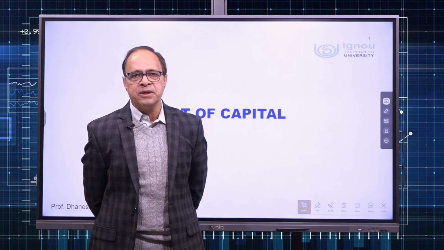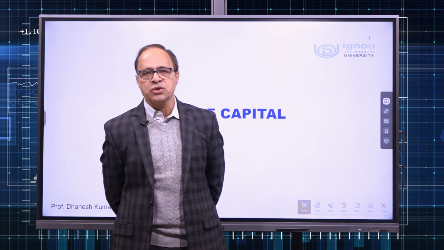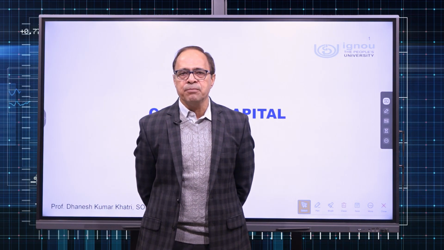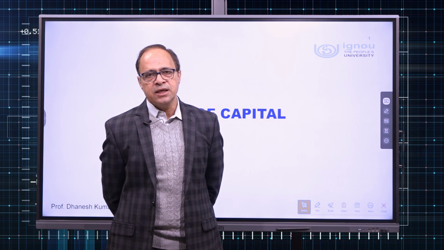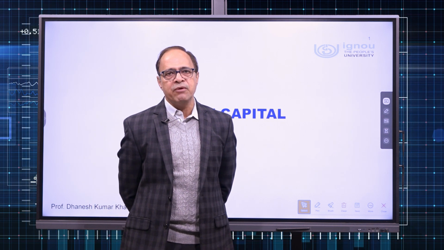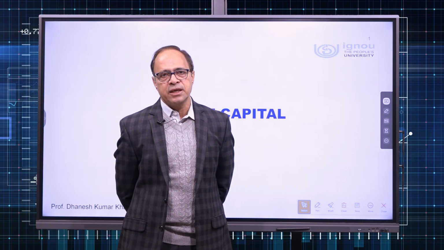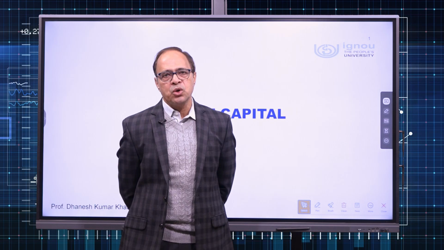So all those expenses collectively are called as flotation cost. So flotation cost means cost incurred by the company at the time of raising the funds, either by taking a loan from a bank or by coming out with the public issue or private placement of securities in the market. So those are the direct costs. So let us begin with the topic cost of capital.